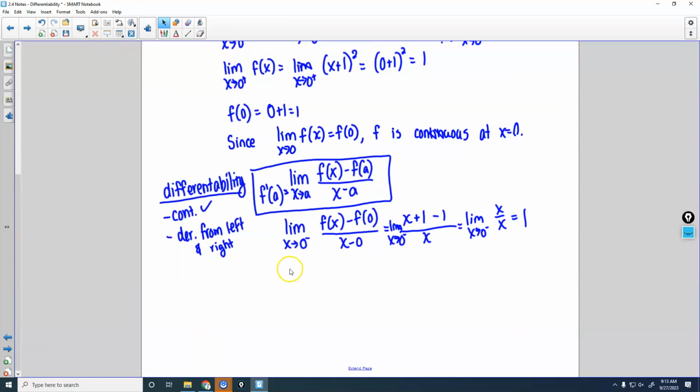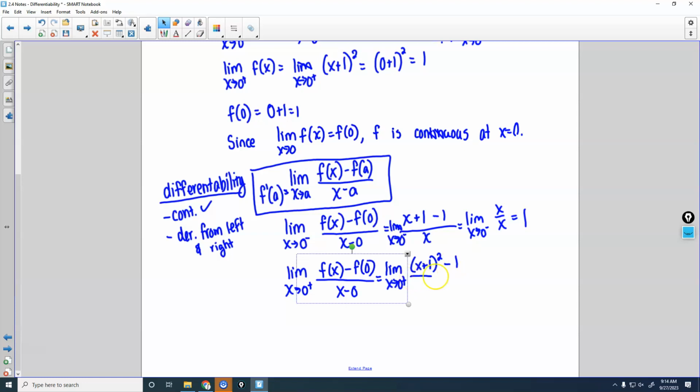We've got to do the right side, so we've got to do the limit as x approaches 0 from the right of f of x minus f of 0 over x minus 0. For this, we're using the bottom function, so x plus 1 squared. f of 0 is still 1, over x.